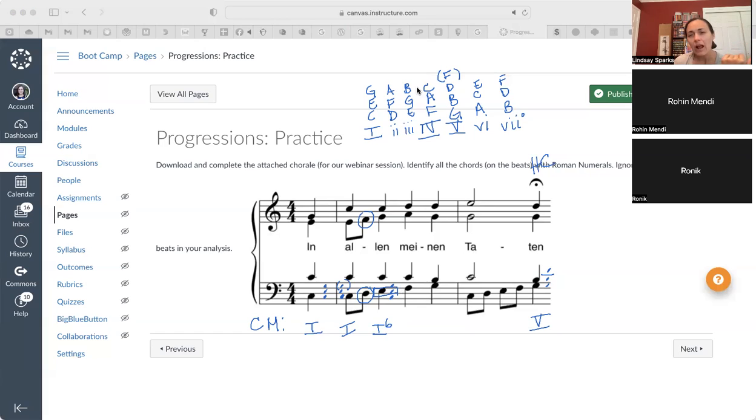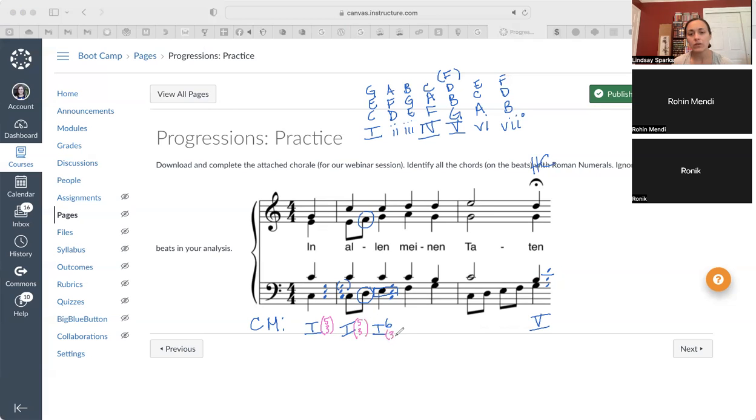Remember, there are actually figures that go along with all of these Roman numerals. We just don't always put them in because it muddies the water, right? So our inversion symbols here would be 5, 3. And that's just kind of understood, right? That we're in root position, 5, 3 here, root position, understood.